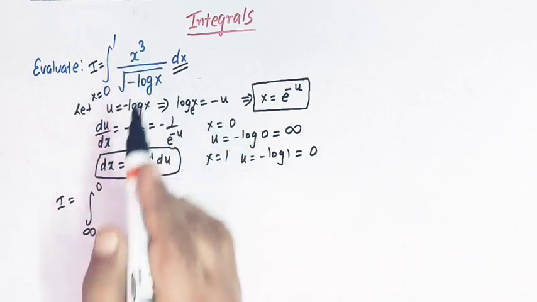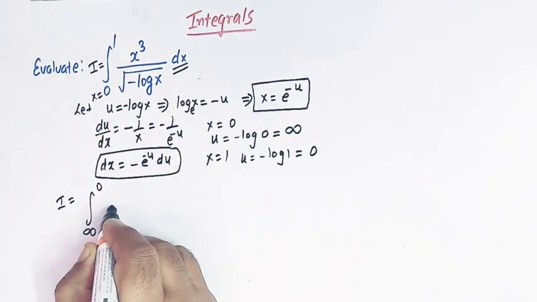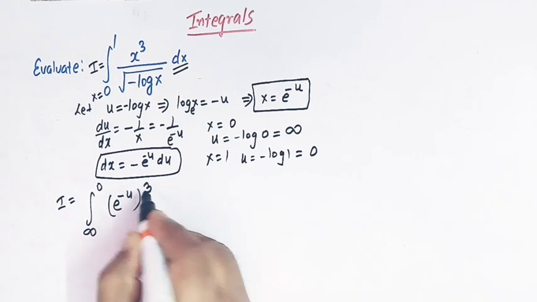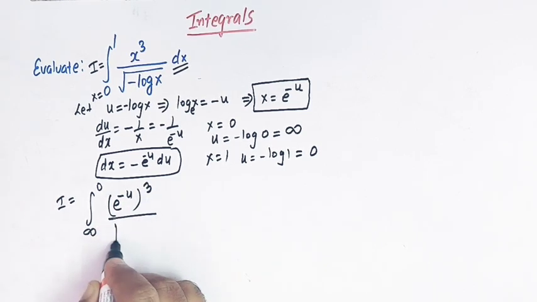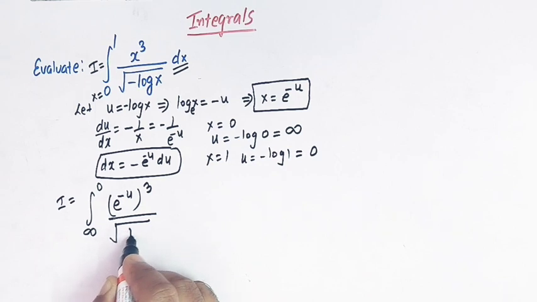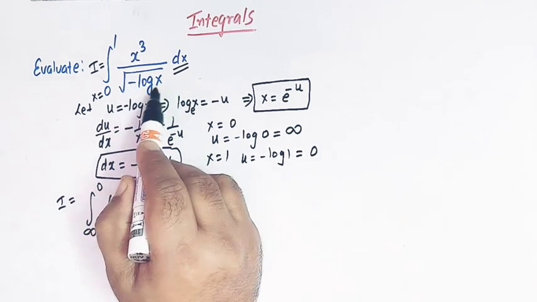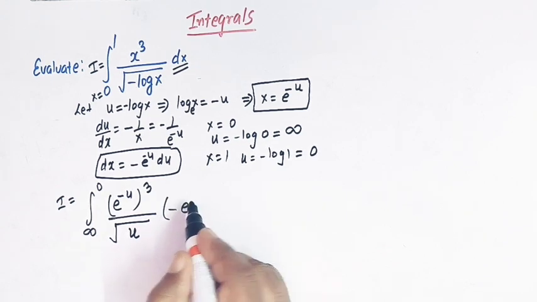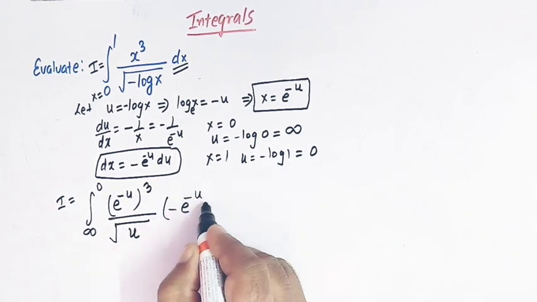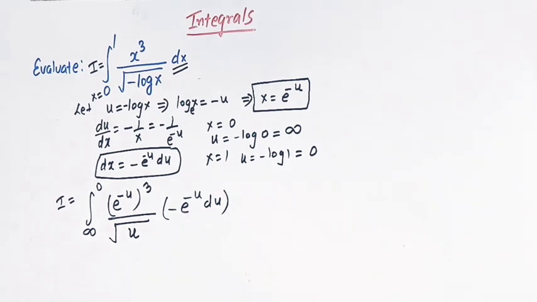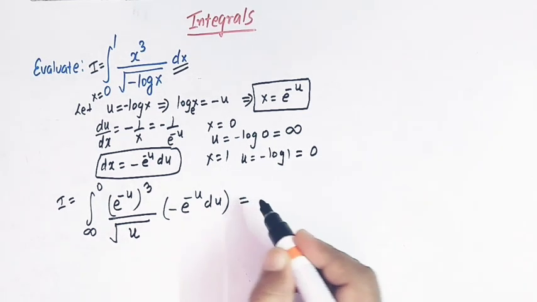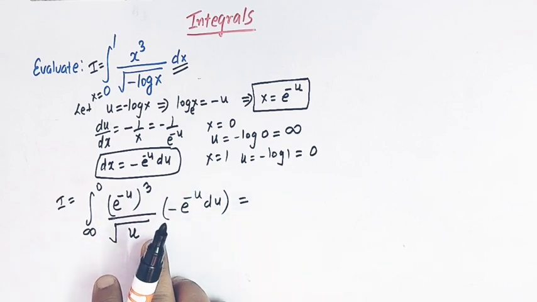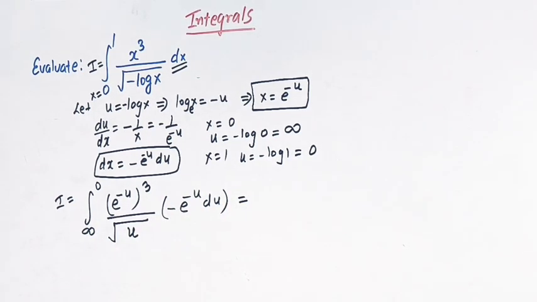And x cube is replaced by e raised to minus u raised to power 3, and here we have square root of u, right? Because negative of log x is u, and dx is replaced by minus e raised to minus u and du, right? Okay, now let us arrange this integral in a simpler way.